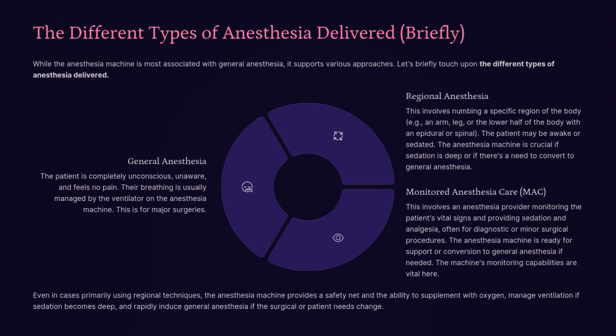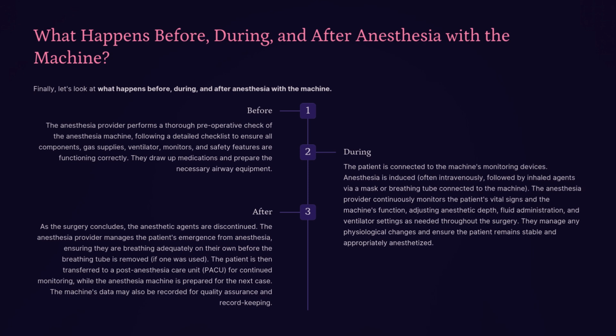Even in cases primarily using regional techniques, the anesthesia machine provides a safety net and the ability to supplement with oxygen, manage ventilation if sedation becomes deep, and rapidly induce general anesthesia if the surgical or patient needs change. What happens before, during, and after anesthesia with the machine?